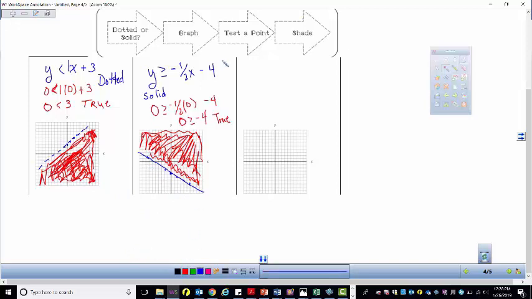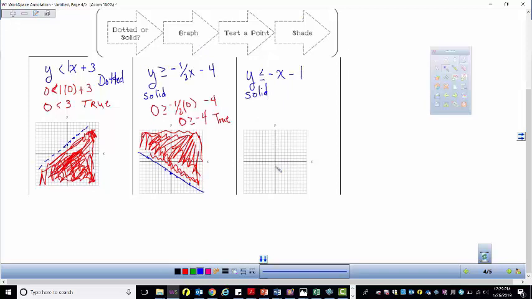All right, let's try another one. Let's try y is less than or equal to negative x minus 1. So again, dotted or solid. Well, it has this equal, so that means it's going to be solid. Next step, we graph.